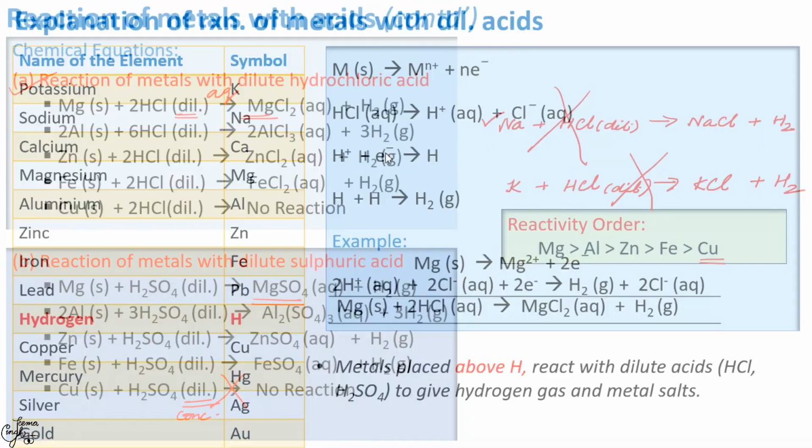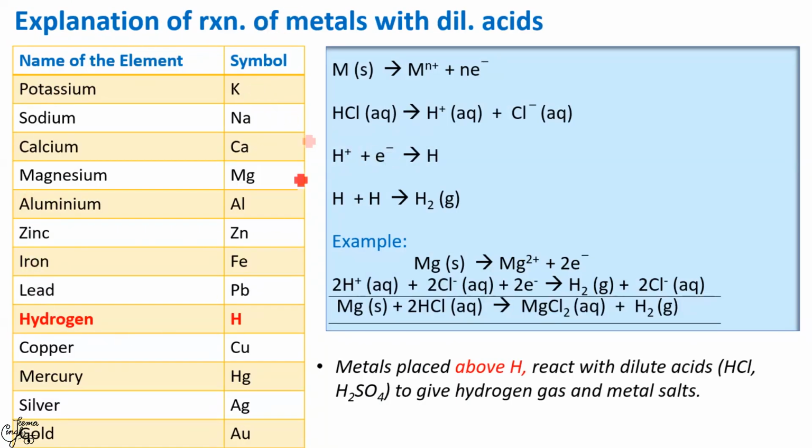Now, if we look at the actual reactivity series, we can say that all those metals that are placed above hydrogen can displace hydrogen from dilute acids such as hydrochloric acid and sulfuric acid to produce hydrogen gas and metal salt.